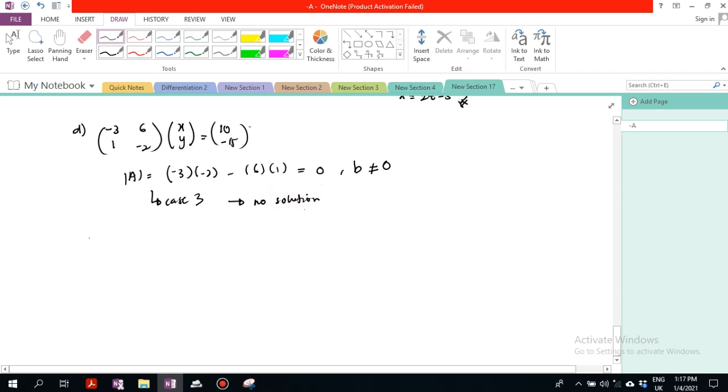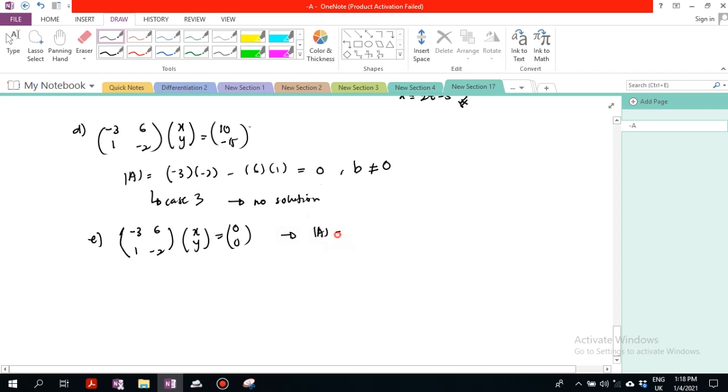Okay, then E. We have a matrix of [-3, 6; 1, -2] times [x, y] equal to [0, 0]. First of all, you need to check your determinant.